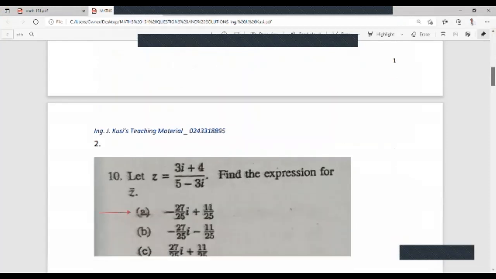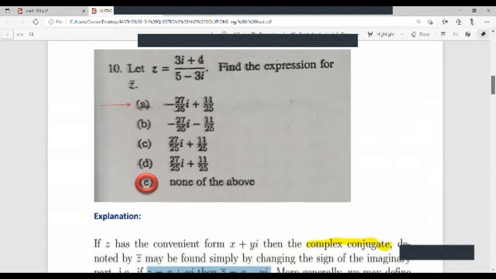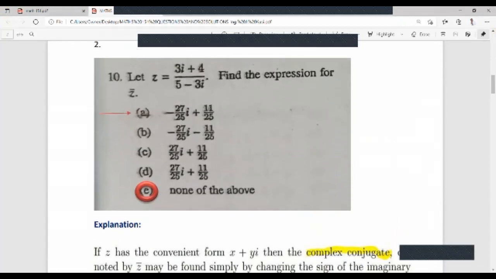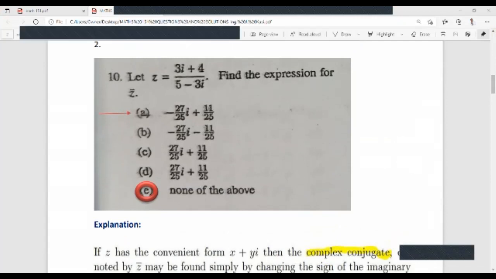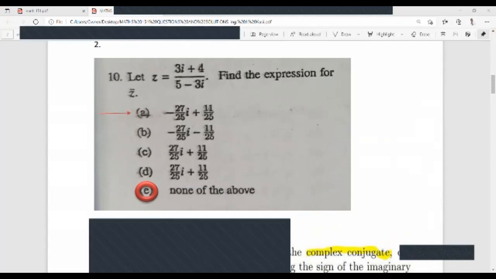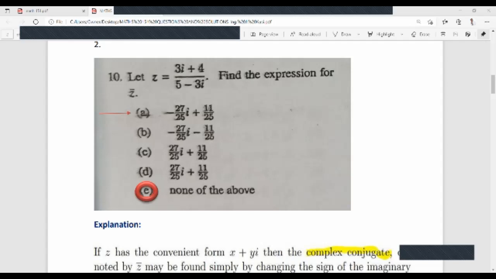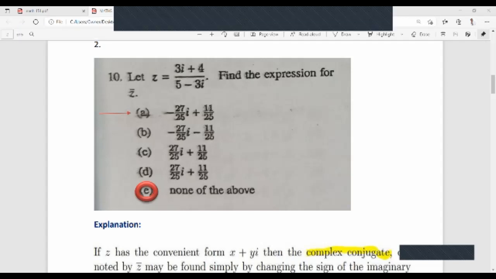Okay, so now let's tackle our number 2. Our number 2 is question 10. So this one is saying, can you see the screen?